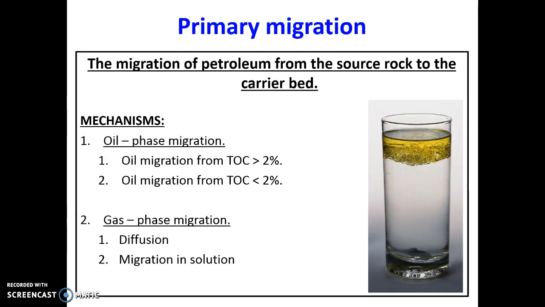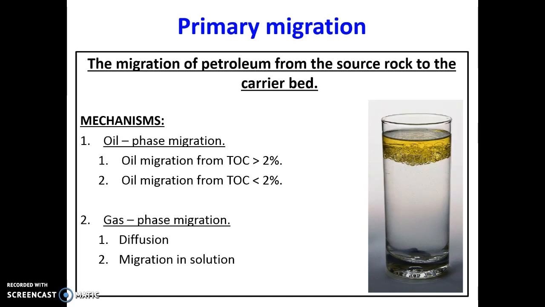Meanwhile, for migration from TOC less than 2%, the source rock is from type 3. There is no apparent bitumen as an intermediate in the conversion. The generation and migration will take place for light oil, condensate and gas.